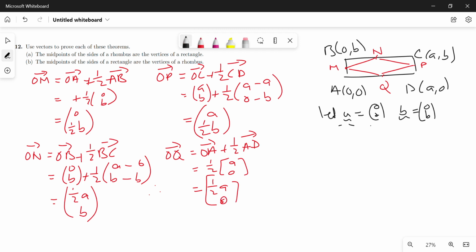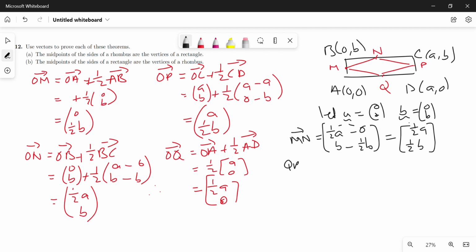All right, so now let's have a look at the sides of this so-called rhombus. MN is one of the sides, and N is (half a, b) minus M, which is (0, half b). So that is going to give us (half a, half b). Then if I look at QP, MN and QP should be both parallel and the same length, so they should be the same vector.